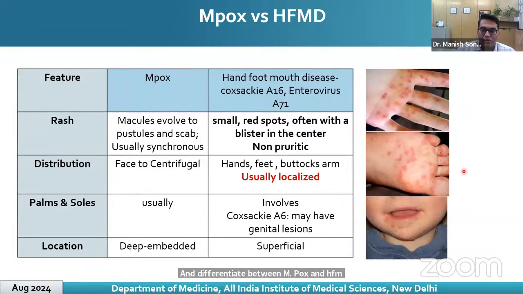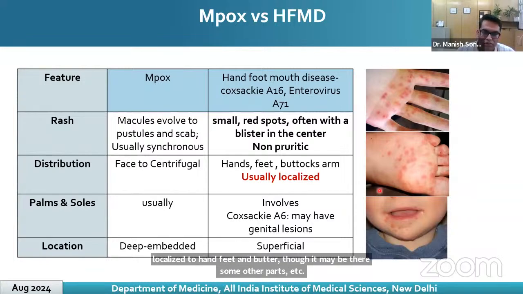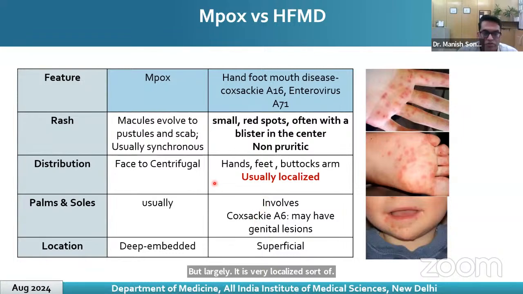Now, the main differentiating point in HFMD is that it is usually localized to the hand, feet, and buttock area, though it may be there over some other parts, knees, elbows, etc. But largely, it is a very localized sort of lesion. Compared to that, for Mpox clade 2, it was anogenital lesions. But for clade 1, mostly it is a generalized rash, macules which evolve over time to pustules and scab, and usually in a single stage of development.